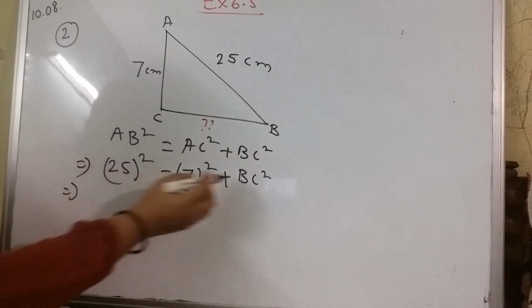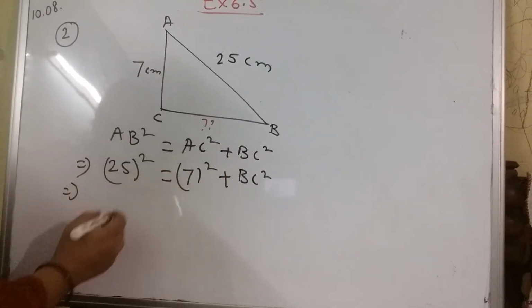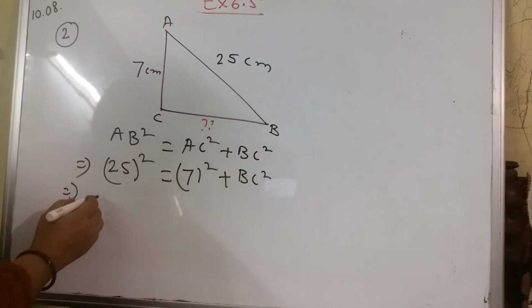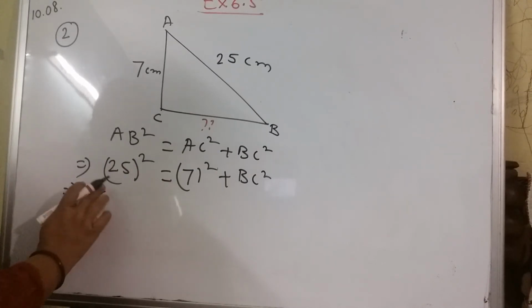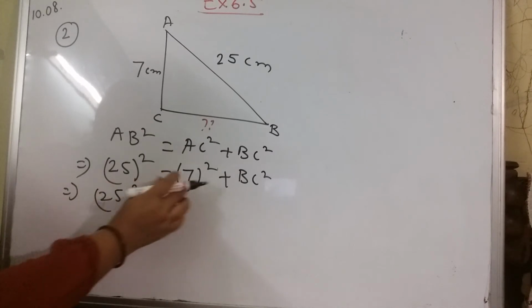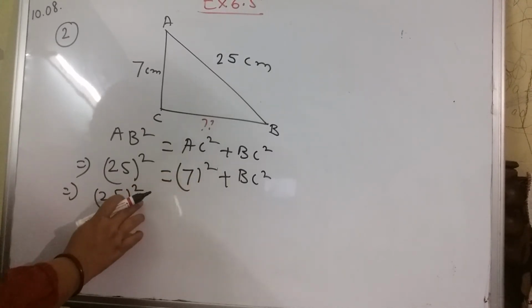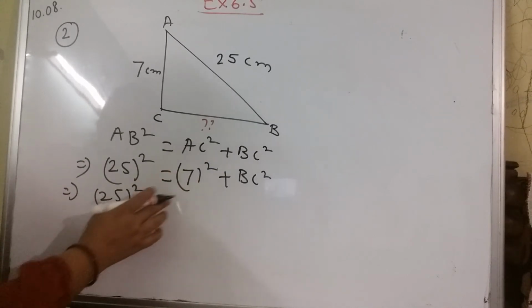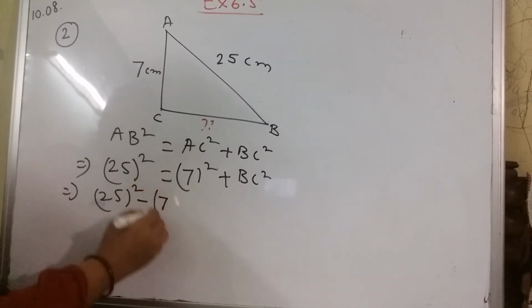Okay, now you have to find out BC. So 25 squared, and if you transpose 7 squared to the other side, it will become negative.